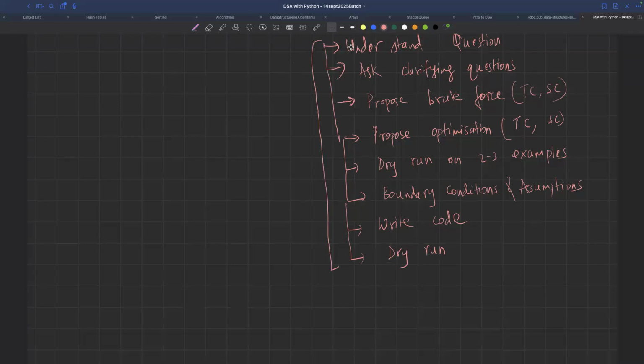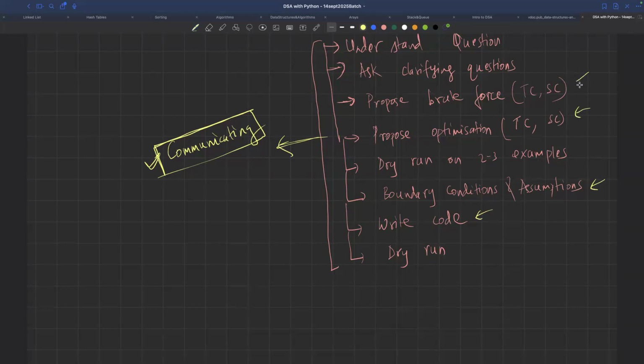And while you are doing all of this, you have to make sure that you are always communicating. This is very, very important. It is possible that you can get stuck somewhere. Maybe you are stuck here, or you are making a mistake here, or here. It is possible.